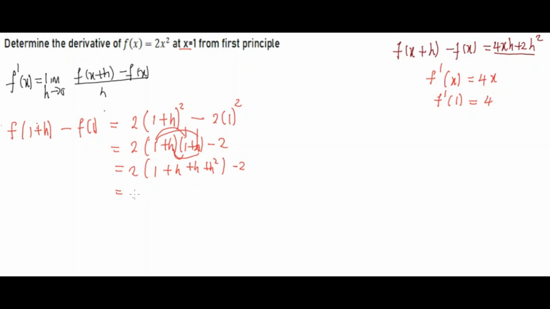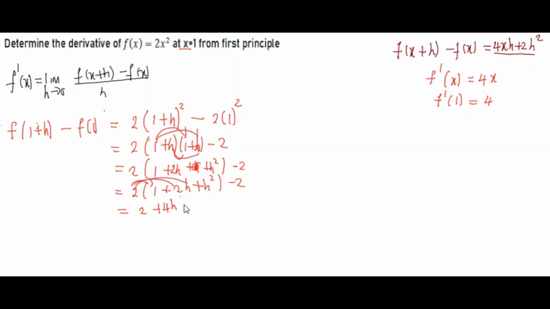So h plus h is 2h. So this one is 2 times 1 plus 2h plus h squared, minus 2. 2 times 1 is 2. And 2 times 2h is 4h.